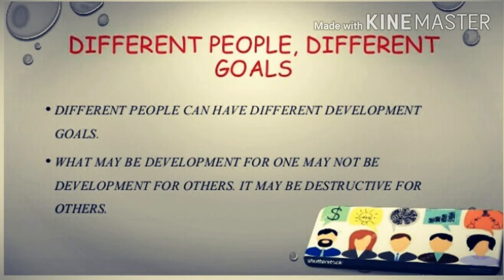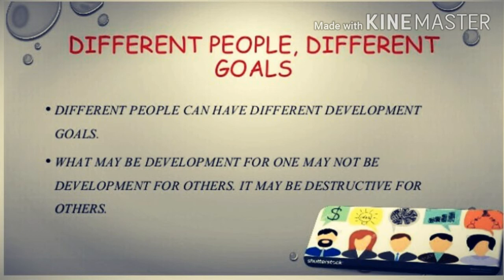Now, our main important point is different people, different goals. Under this point, we discuss two points which support it. First, different people can have different development goals, and second, what may be development for one may not be development for others.